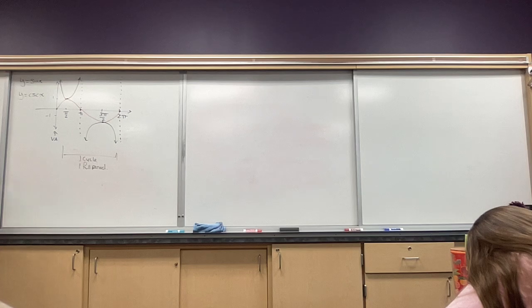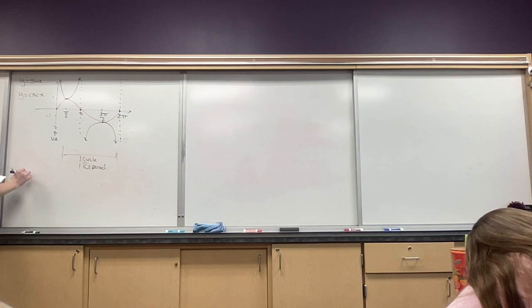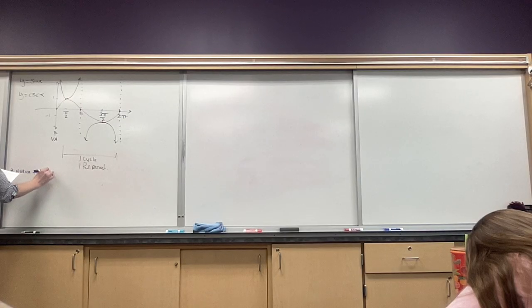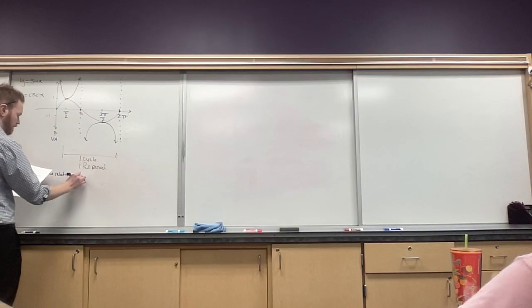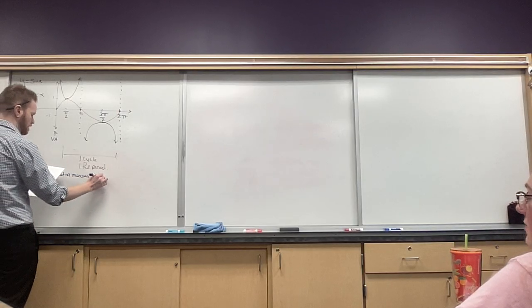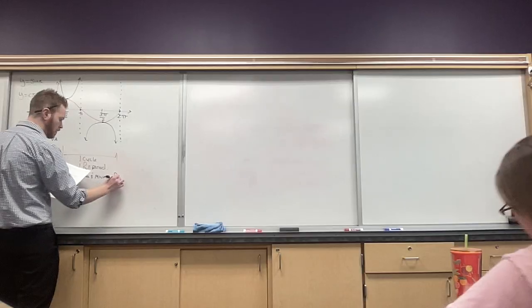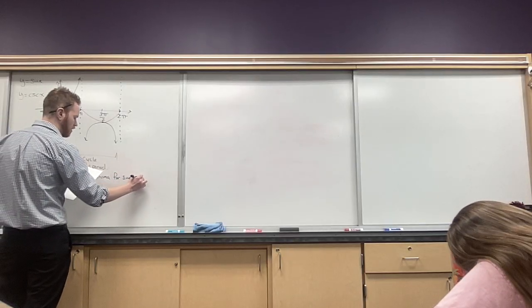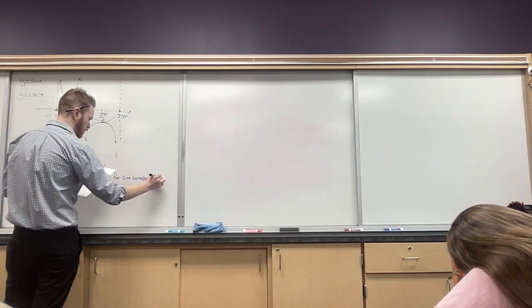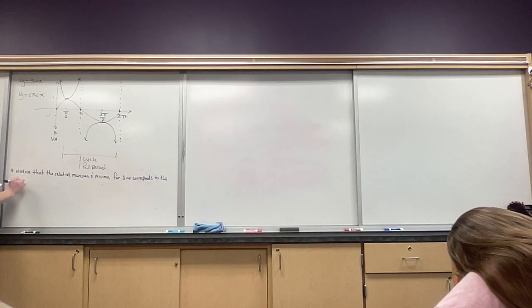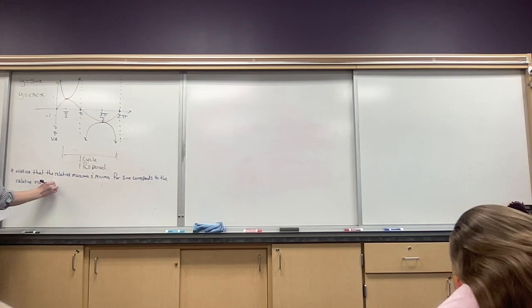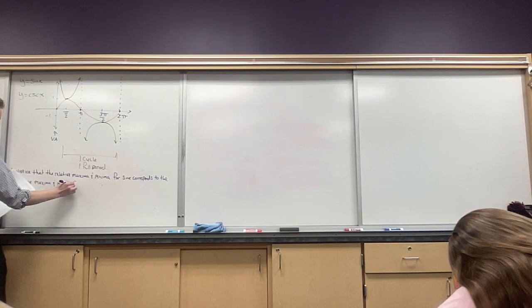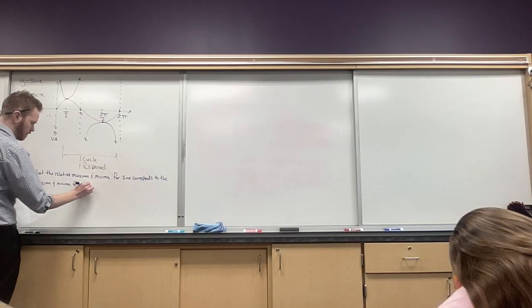Let's list some facts. I'm going to list some right here. So notice that the relative maxima and minima for sine corresponds to the relative maxima and minima for cosecant.